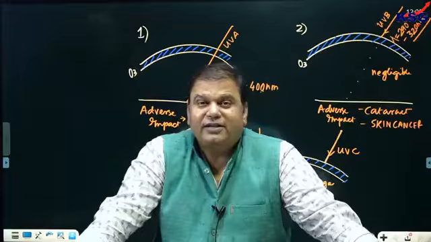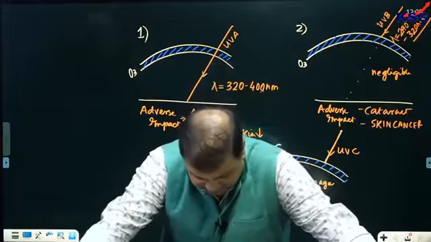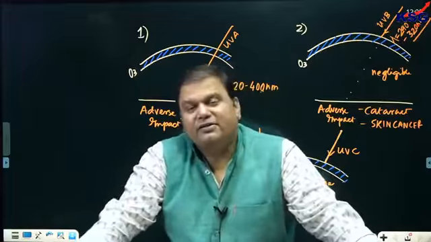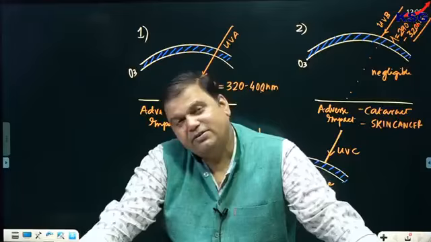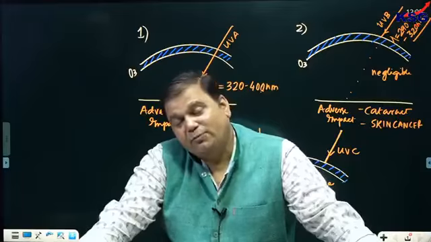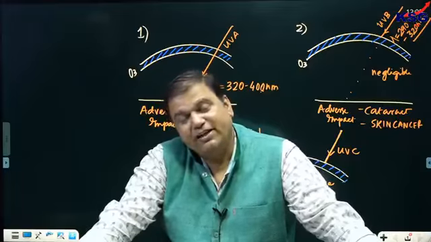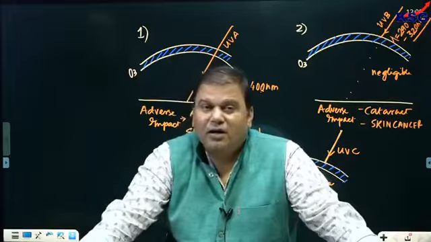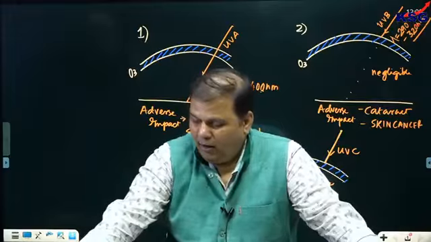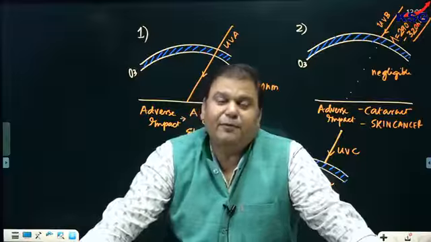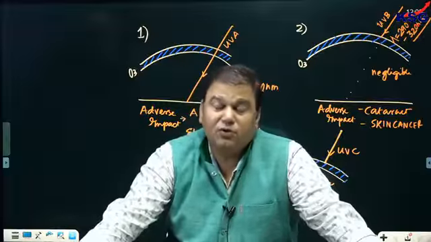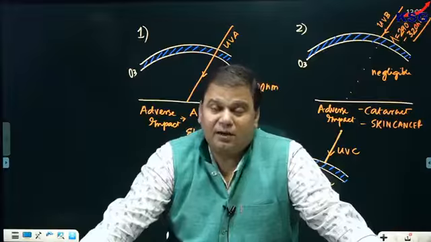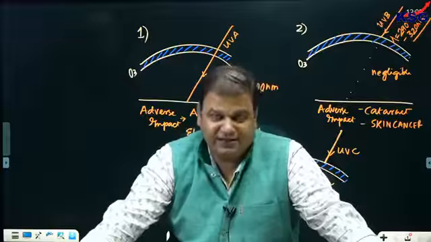Among the 8 indicators, what is present? One is your PM 2.5, second is your PM 10. Nitrogen dioxide is present, then carbon monoxide is present, ozone is present, ammonia is present, SO2 is present, lead is present.